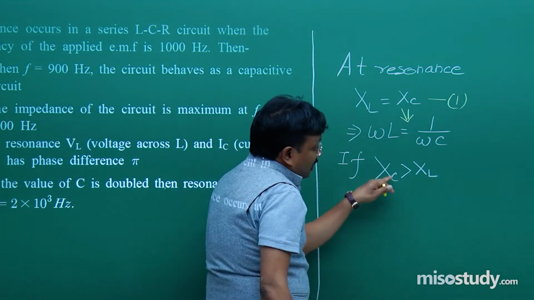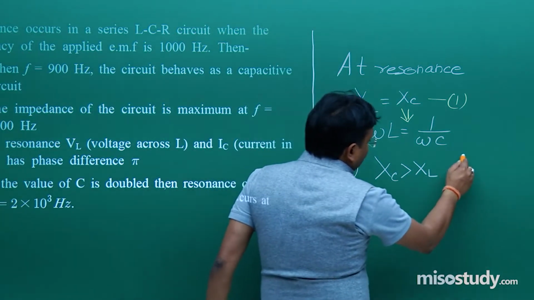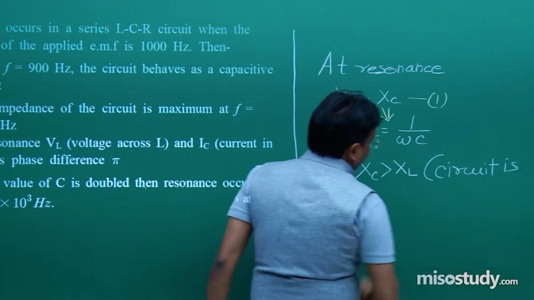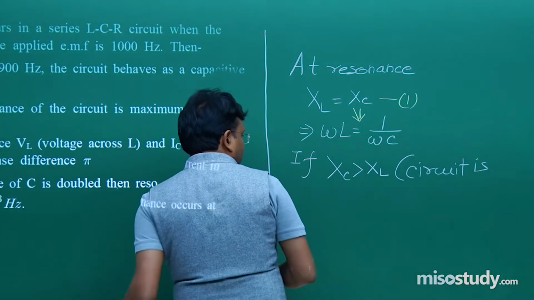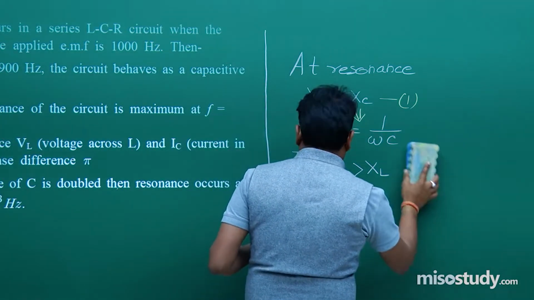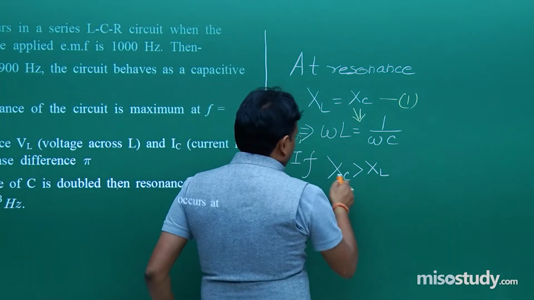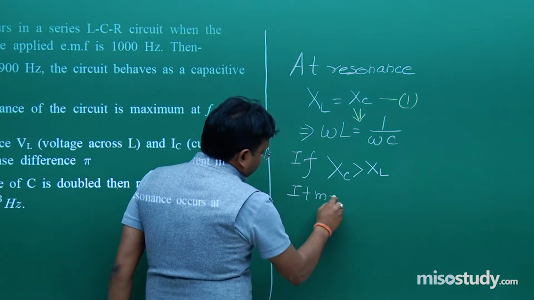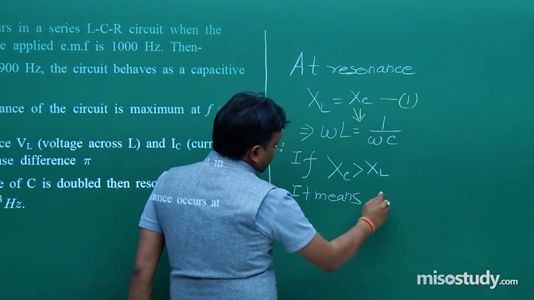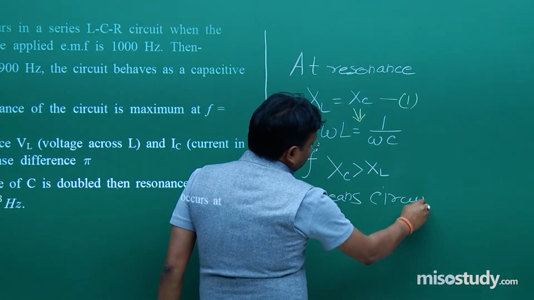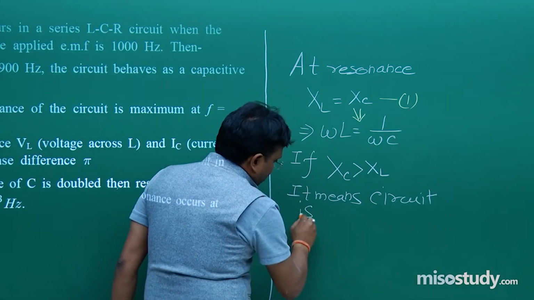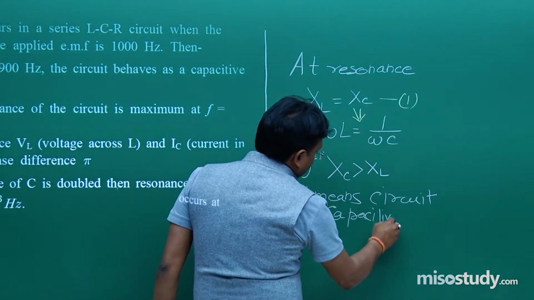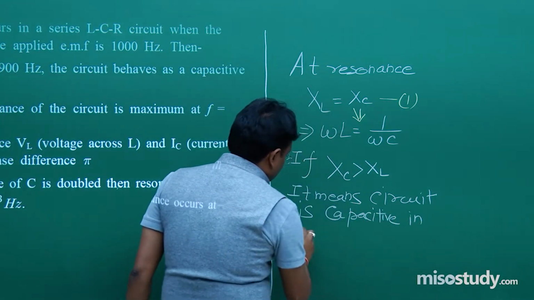If XC is greater than XL, circuit is, I think I should use this space, because that way the question is also going to be present. If XC is greater than XL, it means circuit is capacitive in nature.